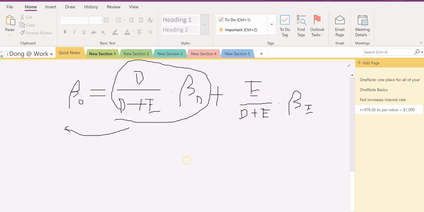Hence, the right-hand side, let me switch sides, will become the left-hand side after switching, E over D plus E times beta E.